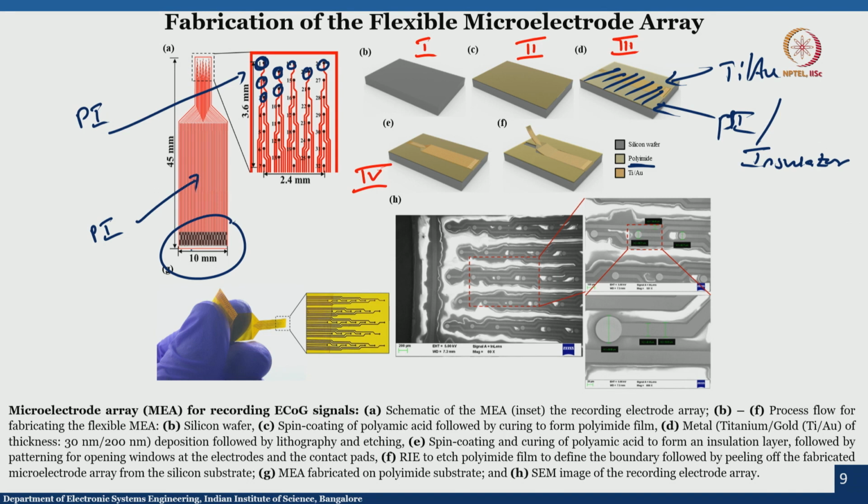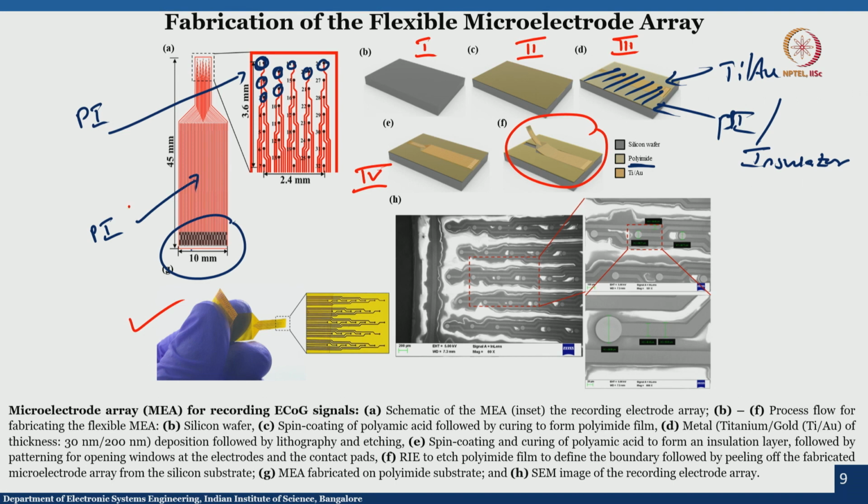That means you remove the PI from the recording electrodes and contact pads, because PI is an insulator, followed by realizing the device by stripping the PI from the substrate, which is your silicon substrate. And once you have that, you will get a flexible microelectrode array with electrodes and contact pads, no insulating material. Everywhere else there is an insulating material.